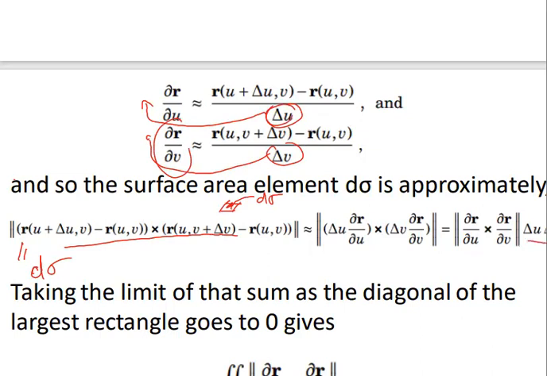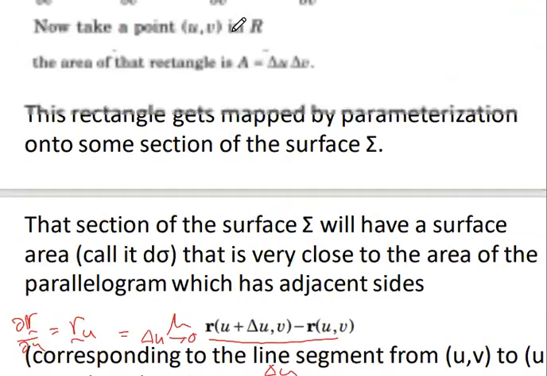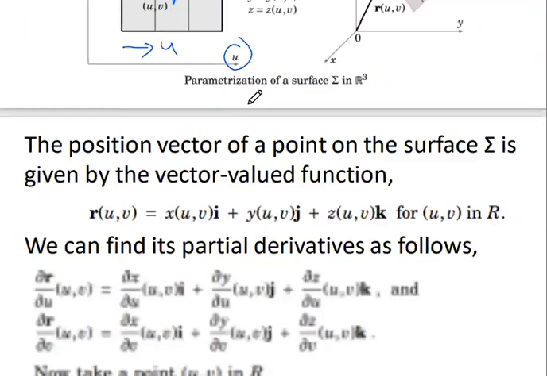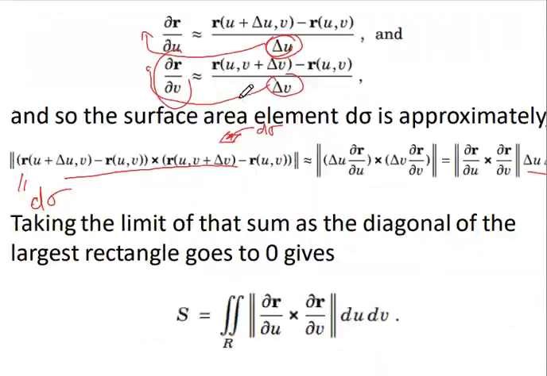What is this? Delta u times delta v is denoted by dA. This is equal to the magnitude of the partial derivative with respect to u cross the partial derivative with respect to v, times dA.